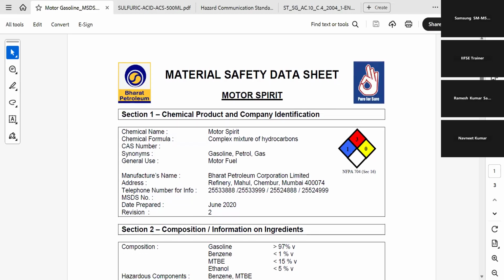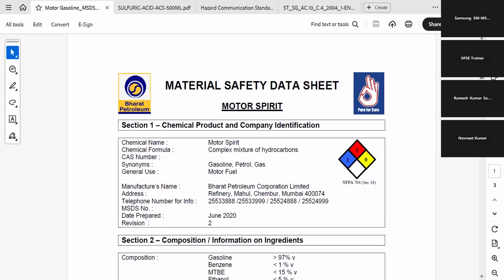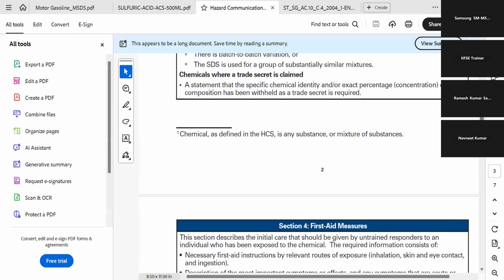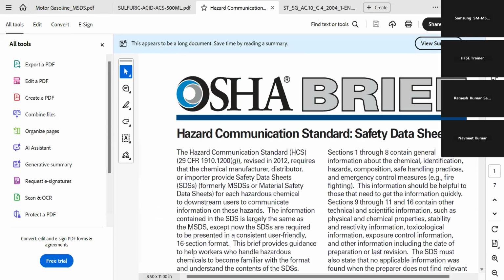As per OSHA and the United Nations, and as per India, we have 10 sections, and those 10 sections are also part of these 16 sections. But OSHA and the UN suggest 16 sections. I'm just flipping through. First, we'll see this structure.